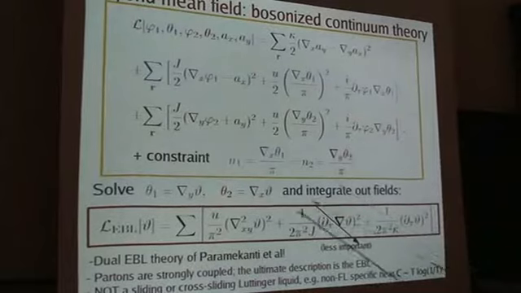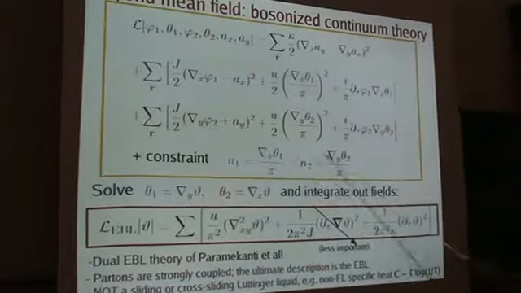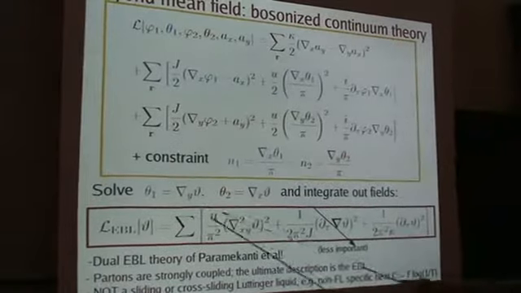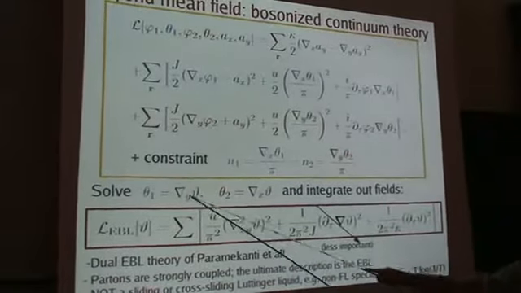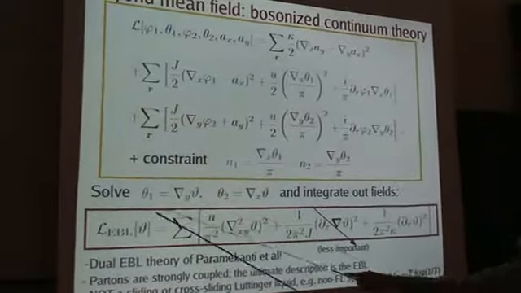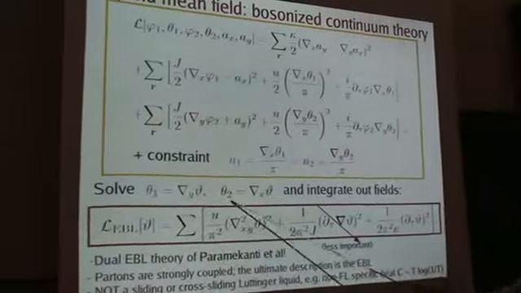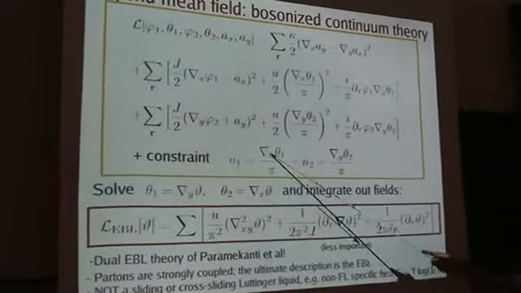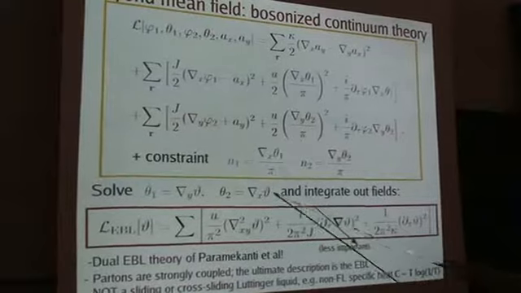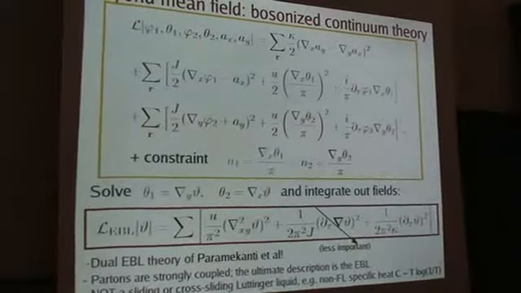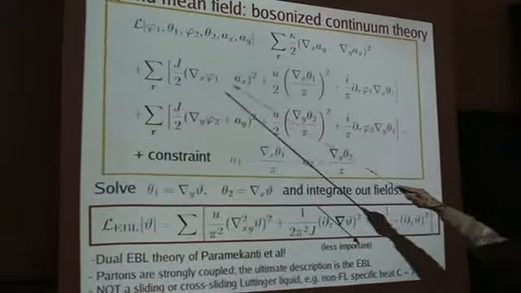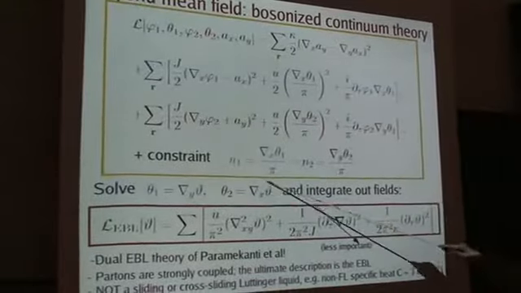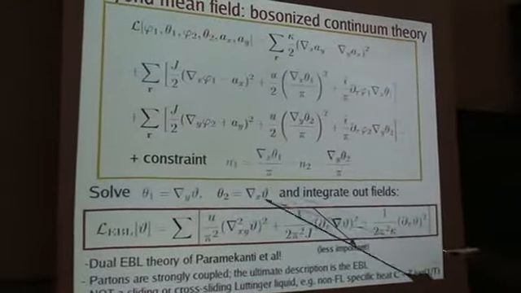I can solve this constraint del x theta 1 equal to del y theta 2 by introducing a new field, this varTheta field. Theta 1 is del y varTheta, theta 2 is del x varTheta. So the boson number is del x del y varTheta, and I can integrate out fields phi 1, phi 2, ax, ay, and write the action in terms of just this varTheta field.